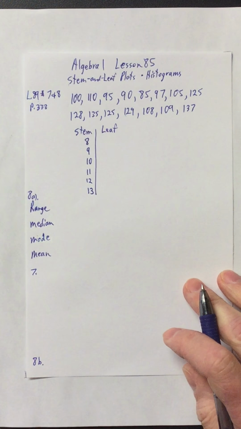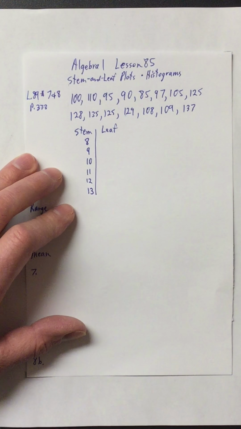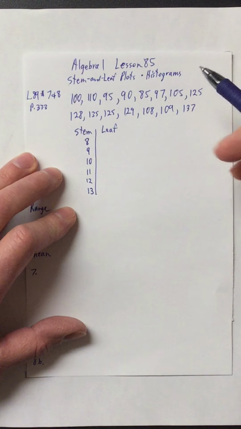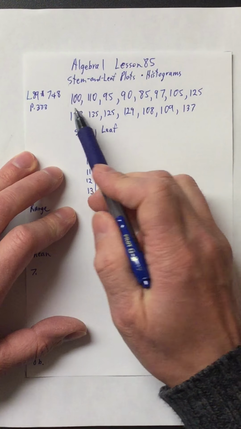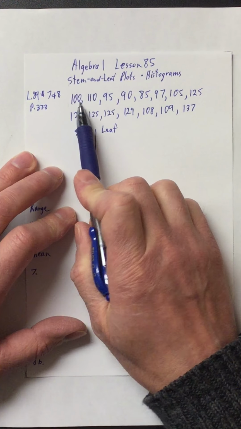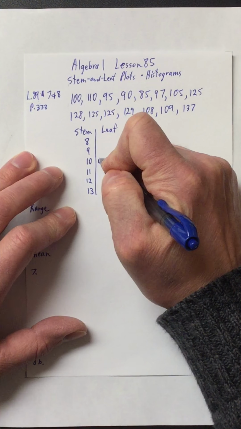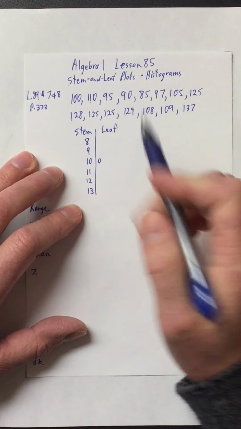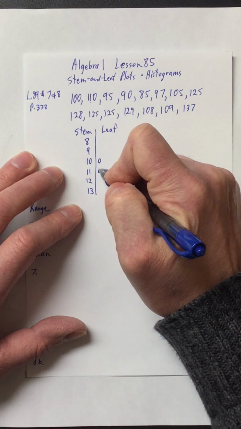Then I'm going to go straight down the list and fill out the ones place. Here I got a 10 and then a 0, so I put a 0 next to the 10 spot. Here I got an 11 and then a 0, so I put a 0.